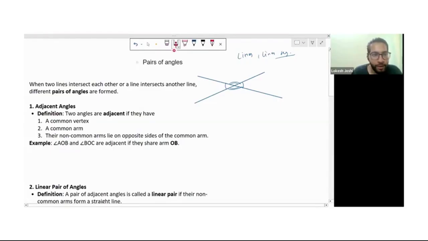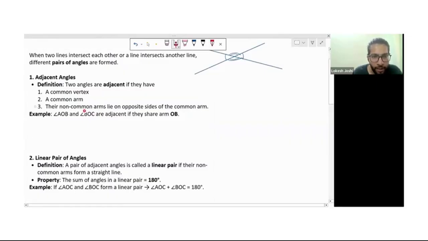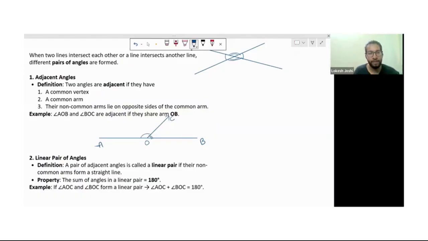Now the first type of angle which we have to study is adjacent angles. Two angles are adjacent if they have a common vertex and a common arm, and their non-common arms lie on opposite sides of the common arm. For example, suppose this line is AB, and this is C and O. So angle AOC and COB are adjacent angles in which these points are covered.